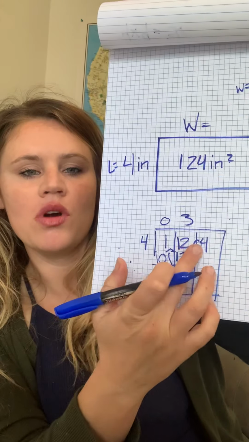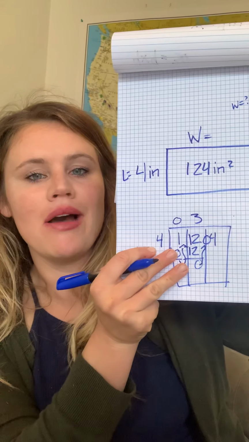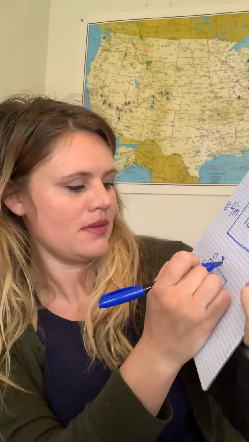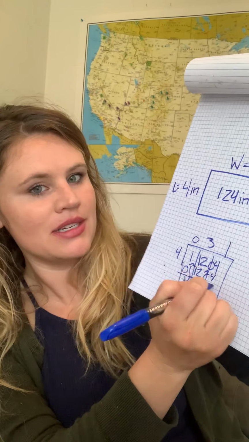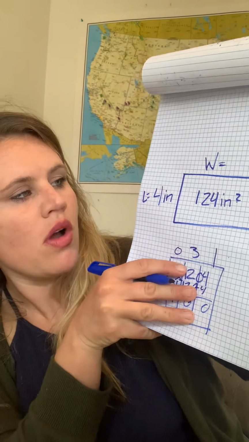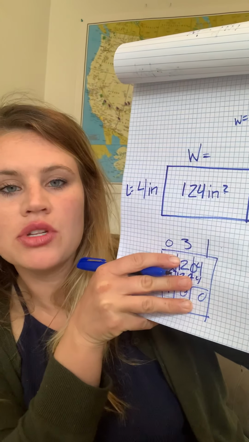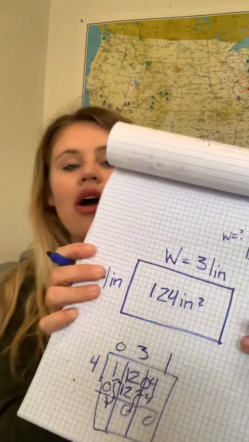What times 4 gets us close to 4, or right on, without going over? 1. 1 times 4 is 4. I subtract. I have 0 left over. So I know 31 is going to be my answer to the division problem, and that's going to be my width. So my width is going to be 31 inches.